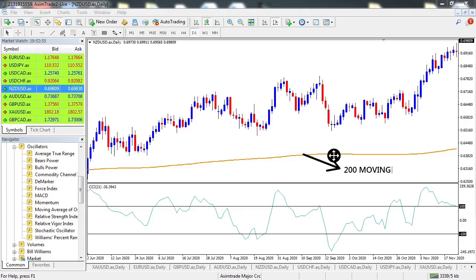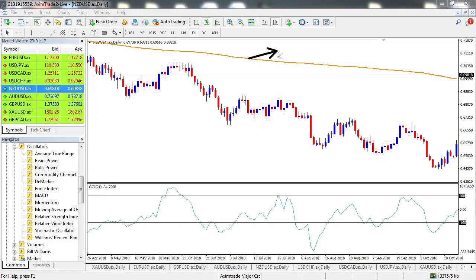There are many ways, but one of the easiest and most common ways is to simply look at the market's 200-day moving average. This means that traders should go long when the market is above the 200 moving average and has made a short-term pullback and the CCI indicator is below the -100 level.